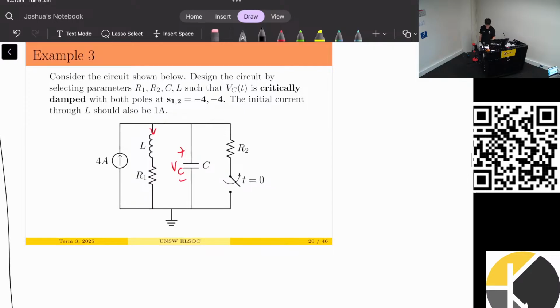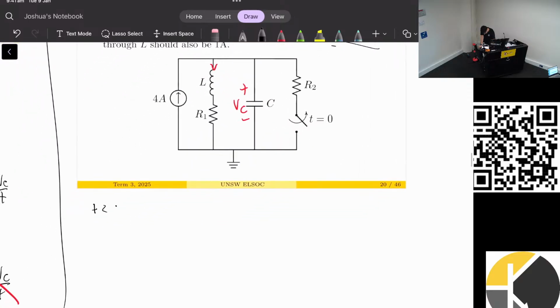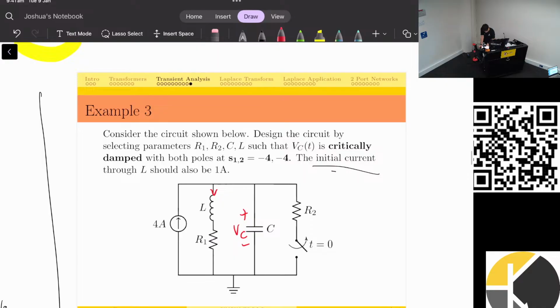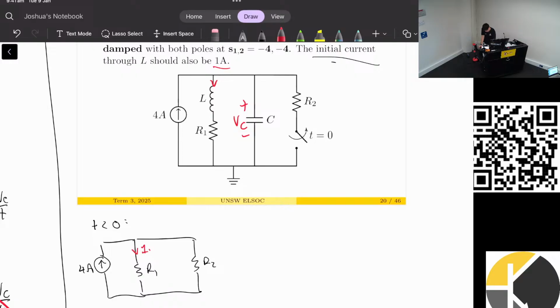First thing I'll do is the easy part, which is the initial current. So if we look at the circuit for t less than 0, the inductor will be shorted, the capacitor will be open, and that switch is closed. So we just have a little circuit like this. It's said in the question that we want the initial current through the inductor to be 1 amp. So we want 1 amp here. Now this one is a current division.